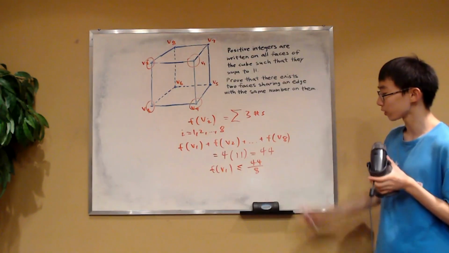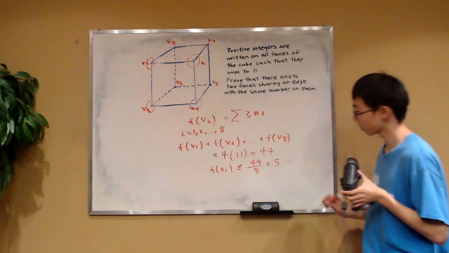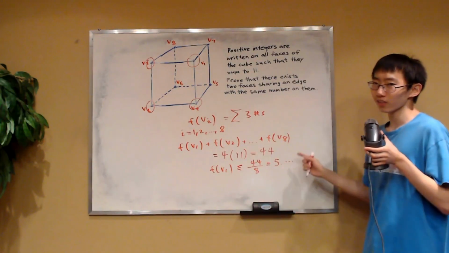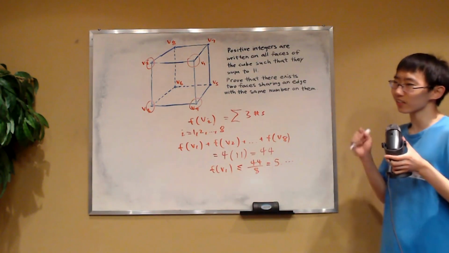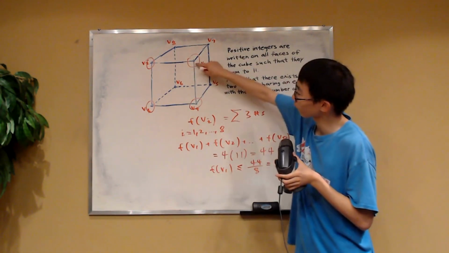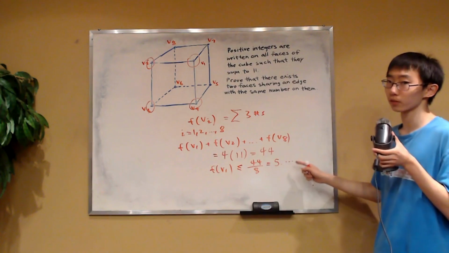If you evaluate this, it is equal to 5 point something. We don't need to know the exact decimals. So what is this inequality telling us? It's telling us that the 3 numbers written on the 3 faces that share vertex V1 have a sum smaller or equal to 5 point something.